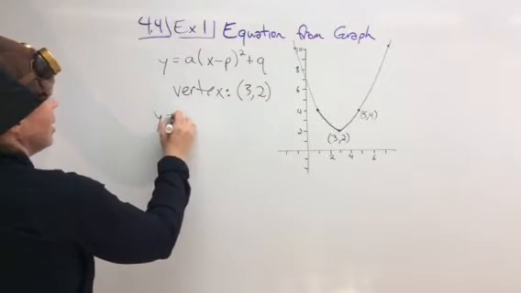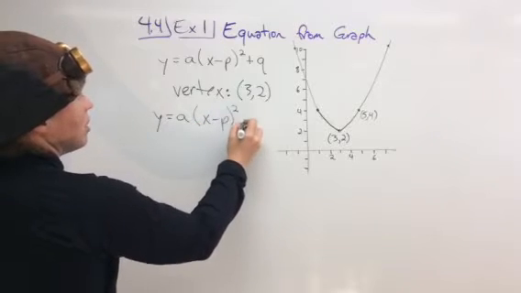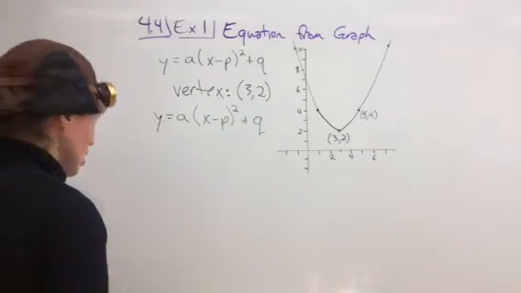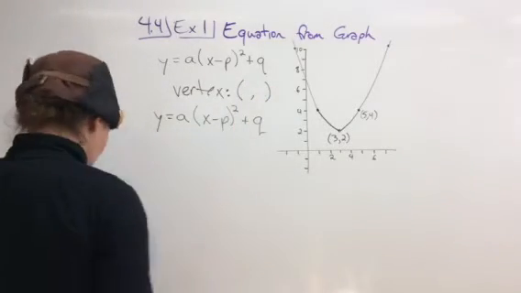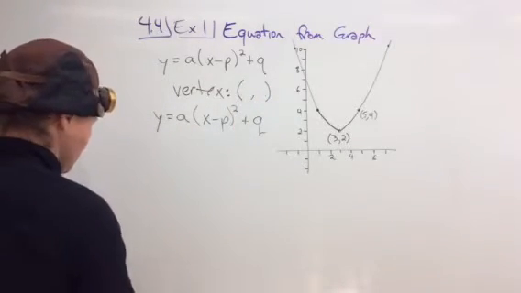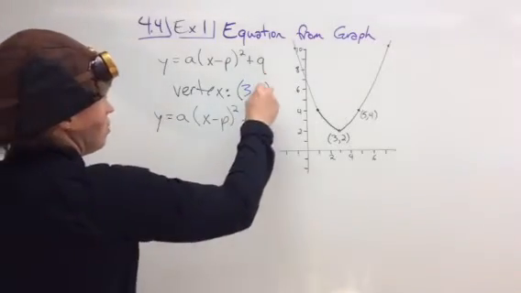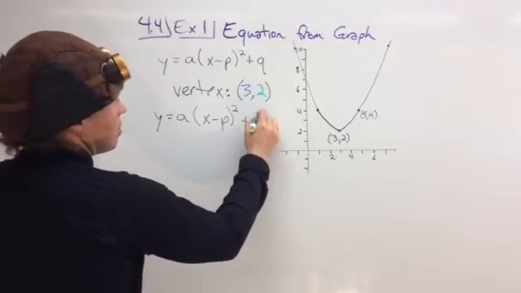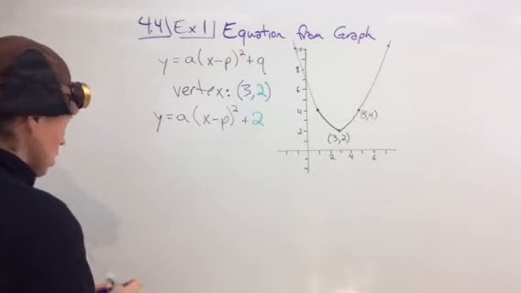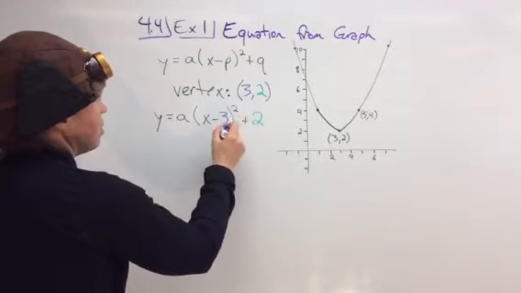So y equals A times x minus P squared plus Q. And if we'll just color code these a little bit, 3 and 2. So the 2 just goes here where the Q is, and the 3 just goes right here.